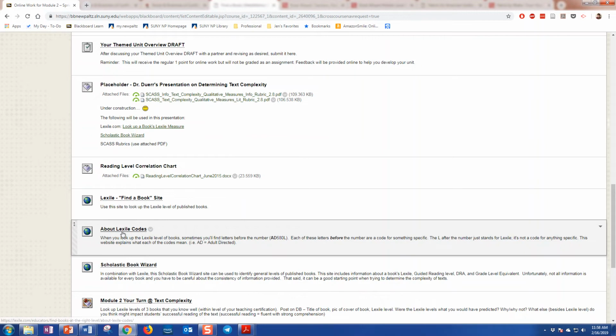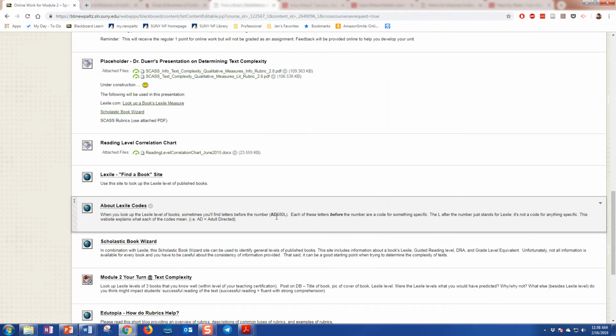And then this is a part of their website that's specifically about the Lexile codes. Anytime you see letters before the number, it's a code for something. The L after, see 580L, that just means Lexile. And this website that I've linked here will explain what those codes mean.